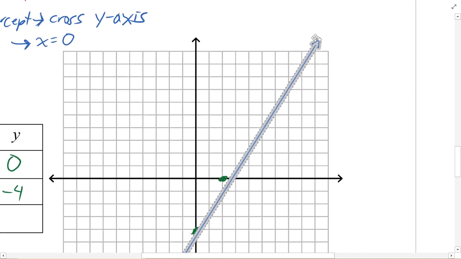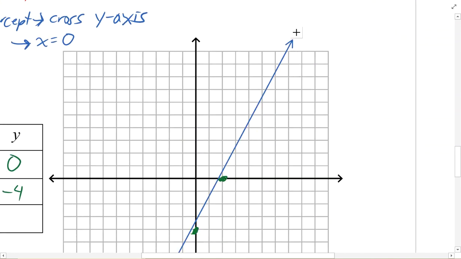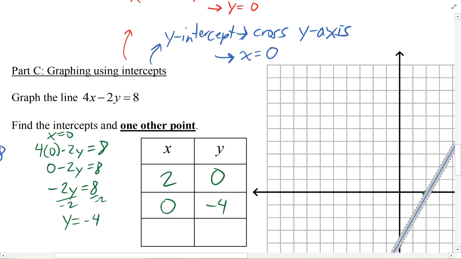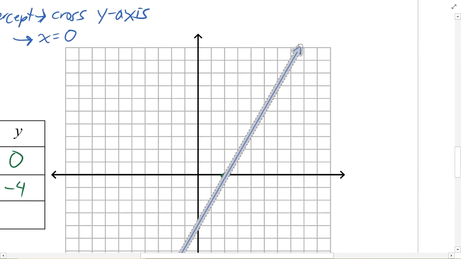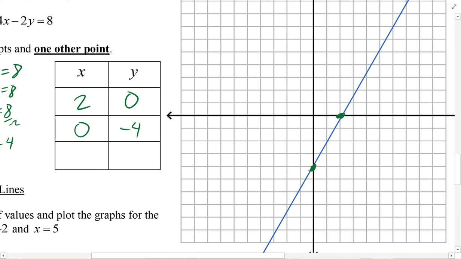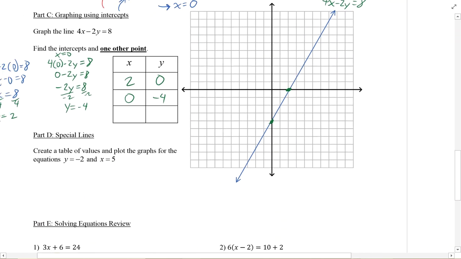And that's good enough. And this is line what? Oh, it doesn't say, so I label it 4x minus 2y equals 8.